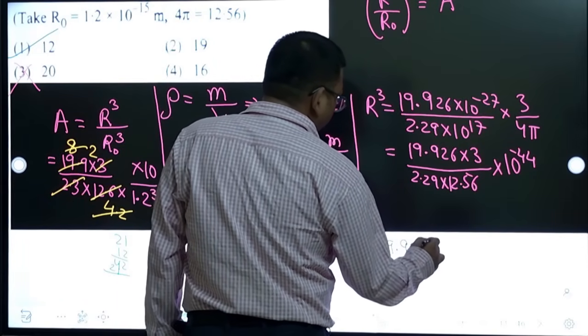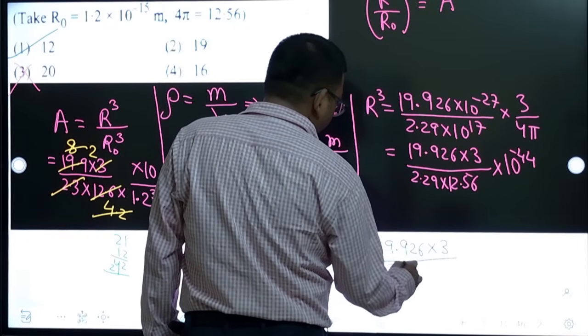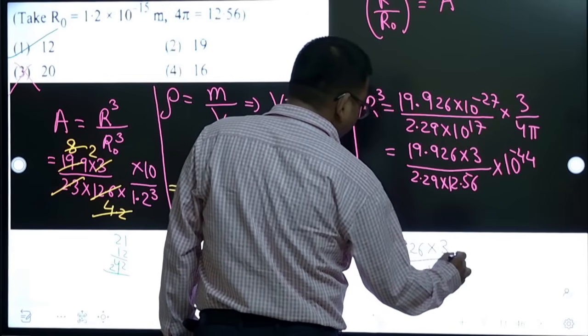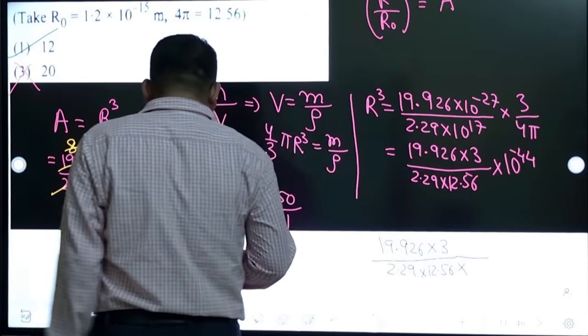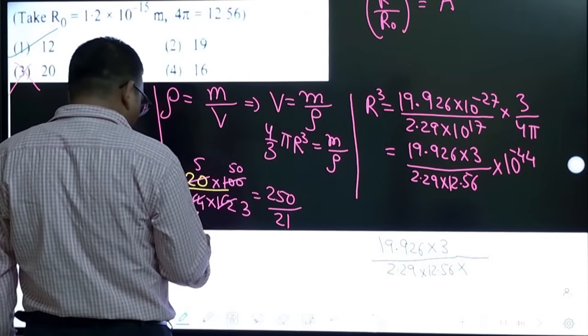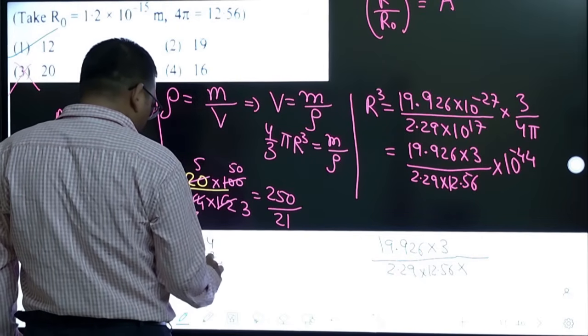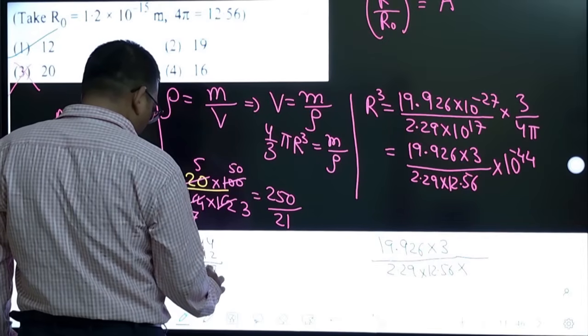19.926 into 3 divided by 2.29 into 12.56 into, like 1.2 cube it was, right? So 144 definitely it is coming. Extra 12 also you have to multiply. So this is 288 and 144.